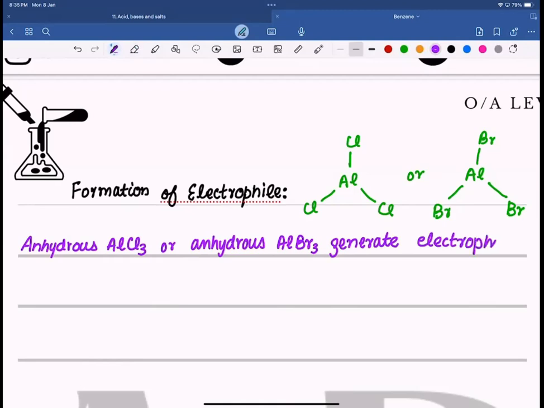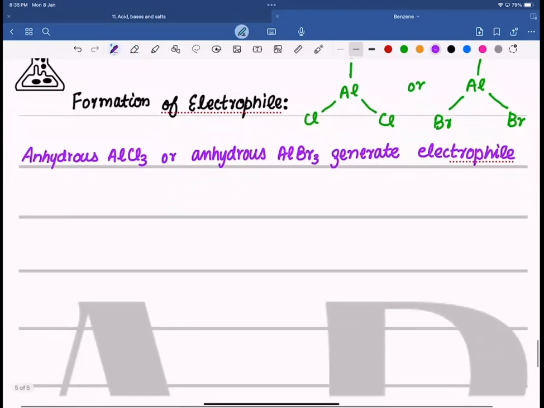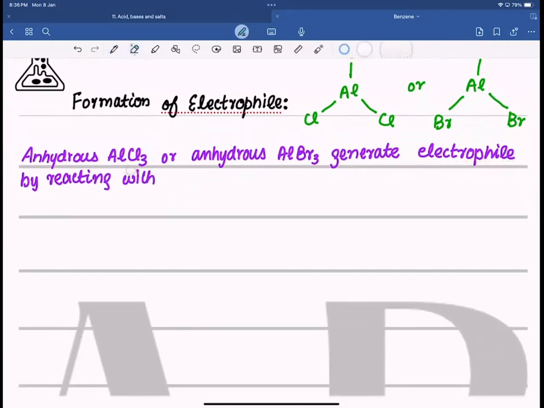They basically generate the electrophile by reacting with chlorine or bromine.